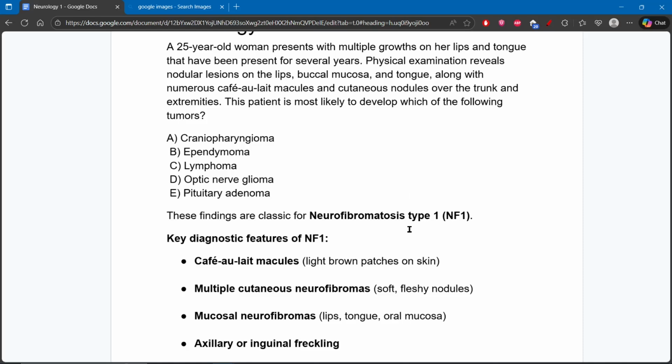So, hyperpigmented macules or light brown patches on the skin would be known as cafe au lait macules, and the mucosal outgrowths are the mucosal neurofibromas, right? So there are also certain other findings such as the cutaneous nodules on the trunk and extremities.